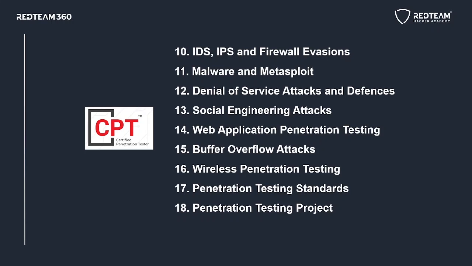In most cases, that payload will be malware. So what are the different types of malware? How can you detect malware? What are the different types of anti-malware solutions? How can you evade malware detection by using Metasploit and related tools? All these things will be discussed in module 11.